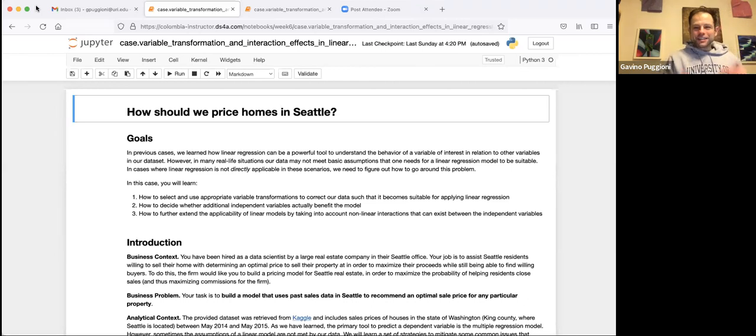All right, so we're going to talk about a real case about house prices, okay? And this is a problem that is relevant because it's a decision that at some point, many of us have to make during our lifespan.